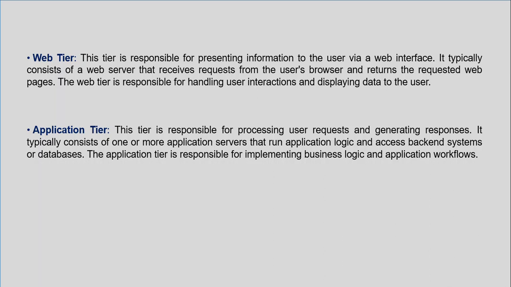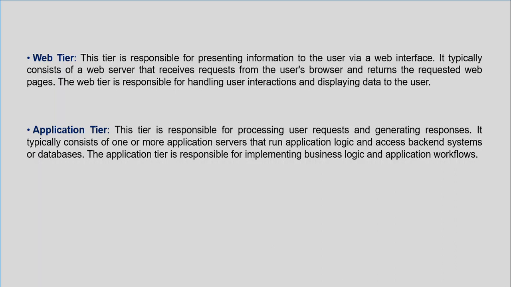So basically what happens here is that in application tier you have application servers, okay, that is actually running your application. So this is where the business logic happens. All right, and this application tier has access to your backend or to your database. Okay, so that is actually what happens at the application tier.